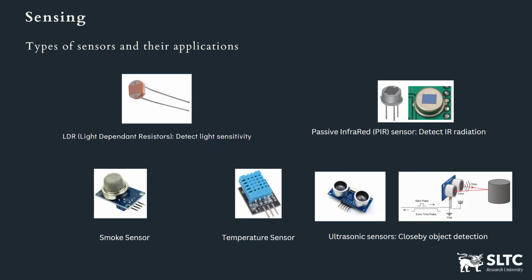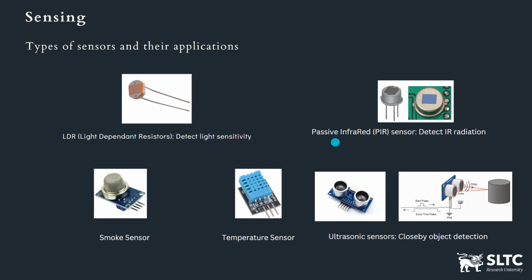Based on that result, we can apply it for applications where we can turn on a light based on the light sensitivity. If the light is not enough in the environment, then we can turn on lights in that area, right?